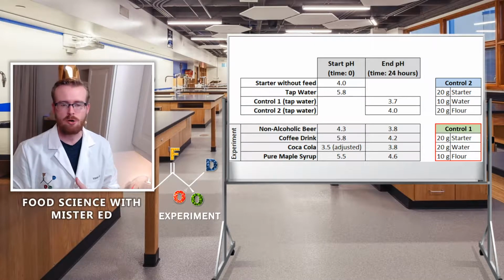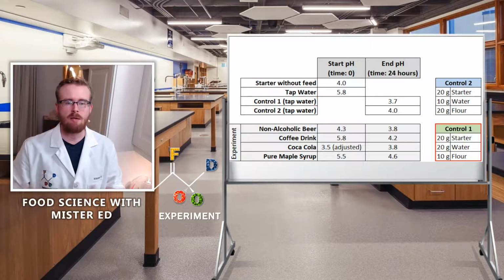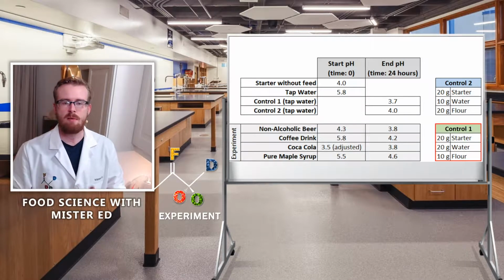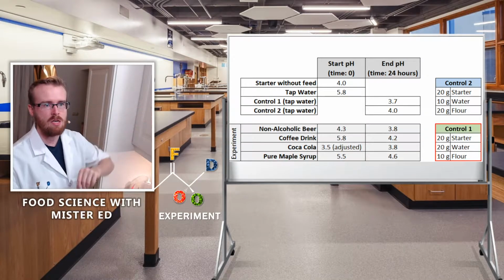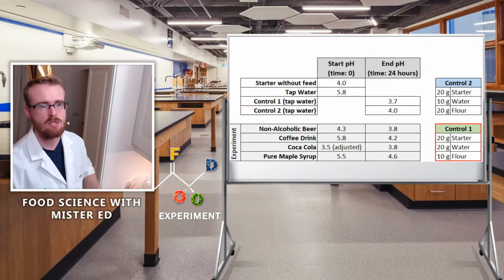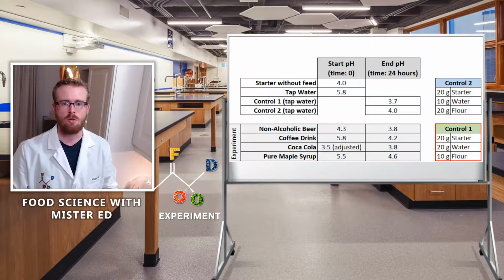Starting with the starter itself, without feeding it, it was at a pH of 4. And my tap water was at 5.8. The experimental ingredients, as you can see, the different controls, the different recipes. Control 1 was the recipe I used for the experimental liquids. So for example, using the non-alcoholic beer, the coffee drink, the Coca-Cola, and the pure maple syrup.